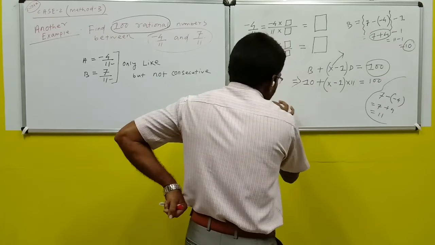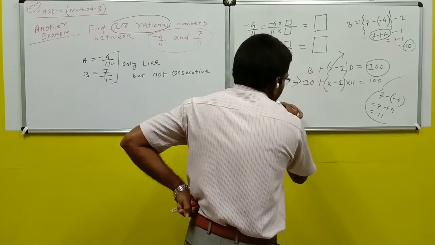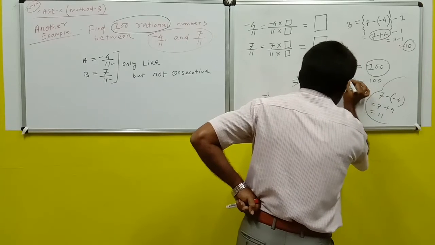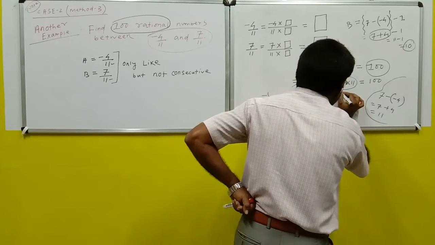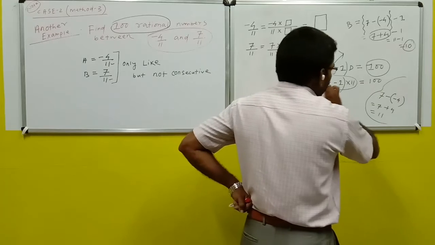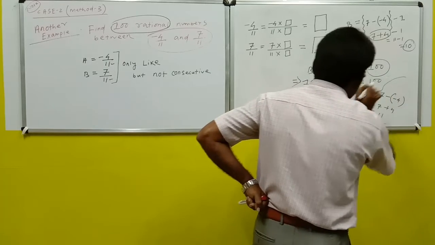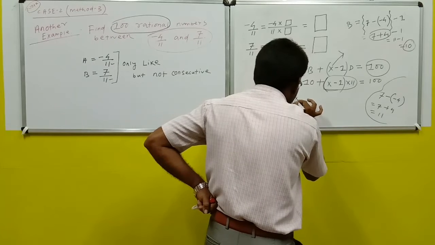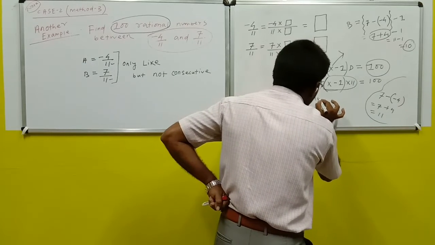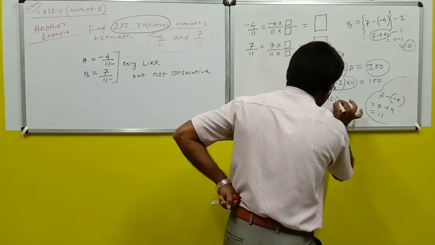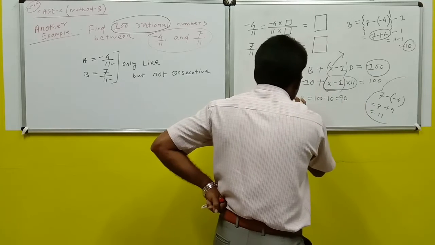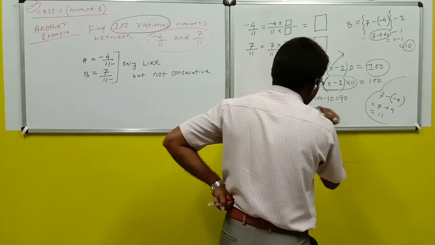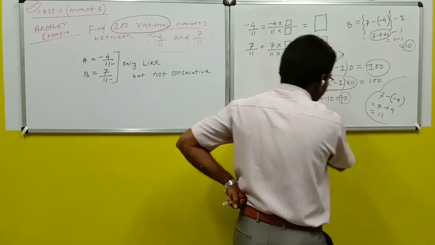That implies (x minus 1) into 11, its value is 90. How? 10 is subtracted from 100. So (x minus 1) into 11 equal to 100 minus 10 equal to 90. So (x minus 1) into 11 has the value 90.